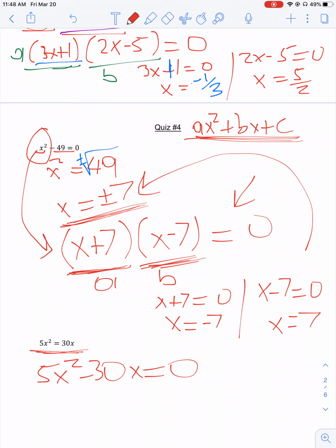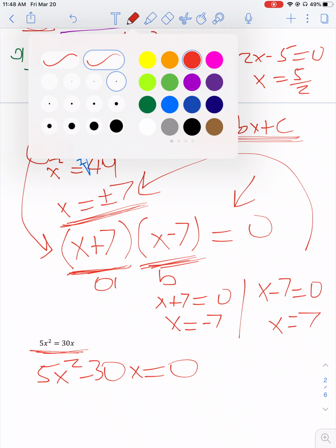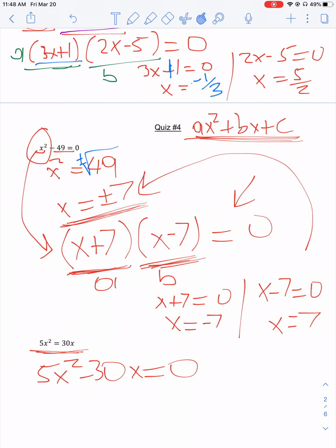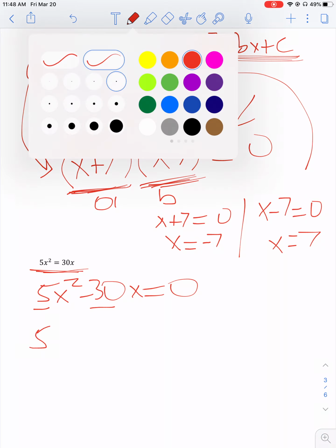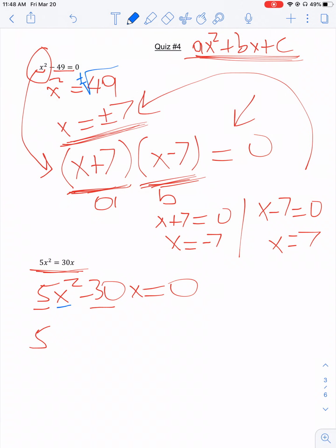You can just factor. There are many ways of doing this. What I would do is look for the biggest number that divides 5 and 30, so that's 5. And then I have an x squared and an x there, so the x is repeating itself.